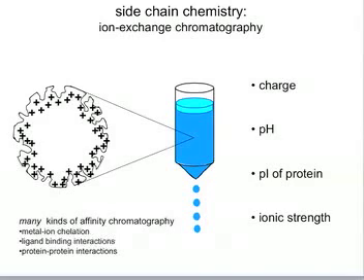Metal ion chelation is another important one, and we will discuss this a little bit in class and a little bit in laboratory. But essentially, in metal ion chelation, instead of having a positively charged bead, what we do is affix a nickel ion to functional groups on the surface of the bead, and the nickel ions interact very tightly with histidine side chains.